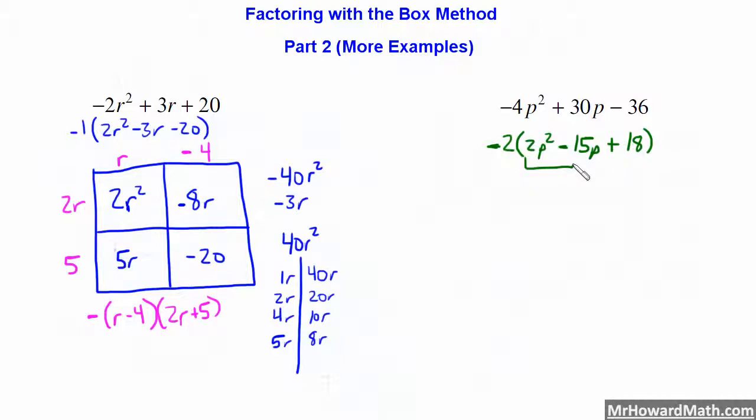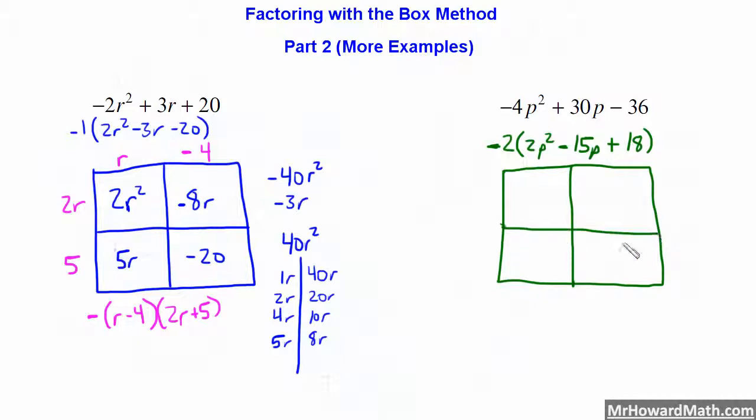So we're working with this trinomial right here. We're going to draw our box. Okay, again, these are a little bit more complicated because we've got some extra work to do before we apply the box method. Alright, so first term, the 2p squared, is going in the upper left box.